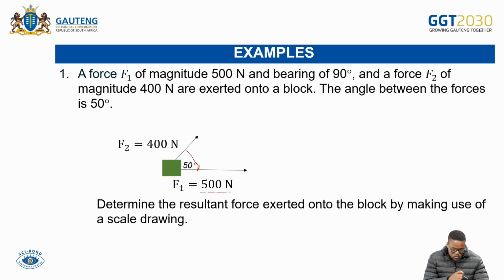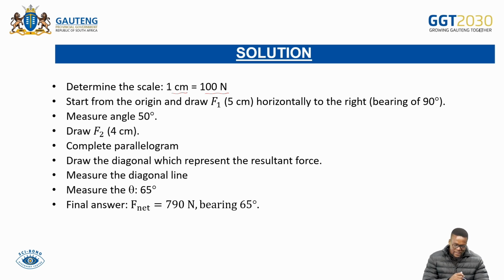With the bearing method, we are always starting from north, where north is 0 degrees, and then you move clockwise. This angle here gives you 90 degrees, hence they are saying a bearing of 90 degrees. So F1 is 5 centimeters horizontally to the right.